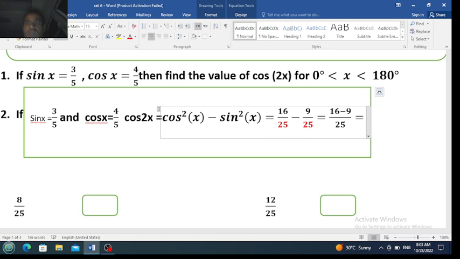Okay, so this is how we solve this kind of question. Therefore this one I'll just write in another color, red.